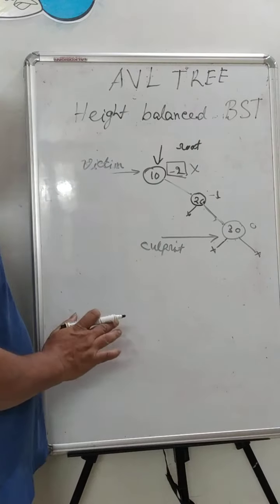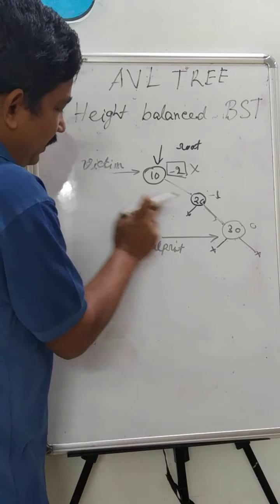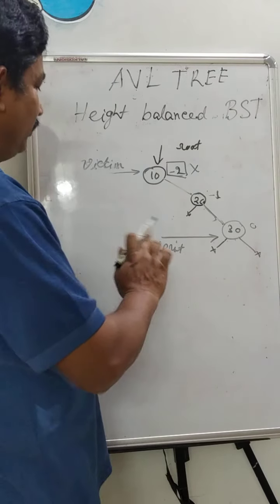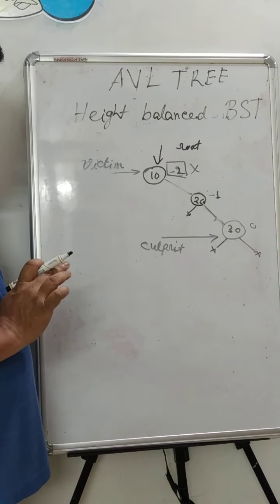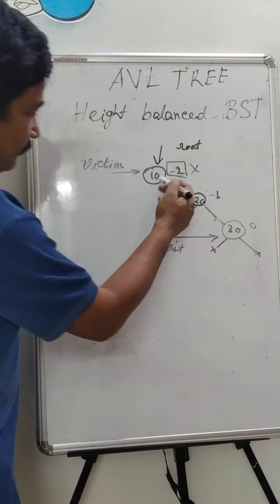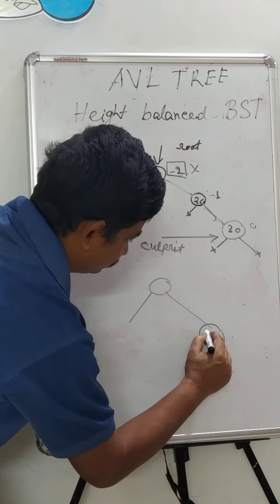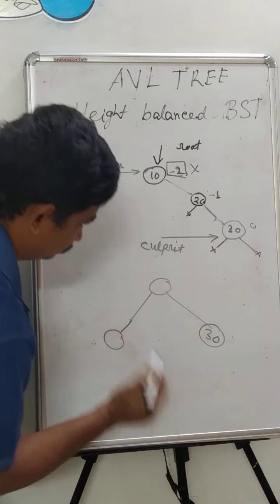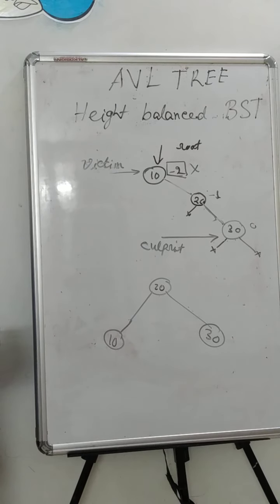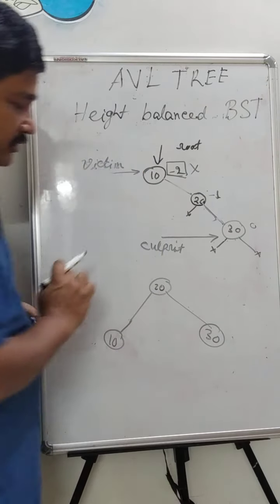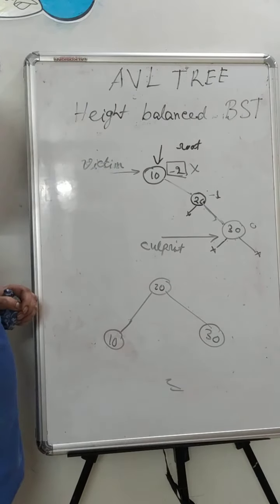Now we have to do some activities within the nodes from the victim to the culprit. Who are the nodes between the victim and the culprit? Only those will be taken under our consideration. If from this one we can result in a tree of this form, with only these 3 nodes, then this tree will be in balanced form.